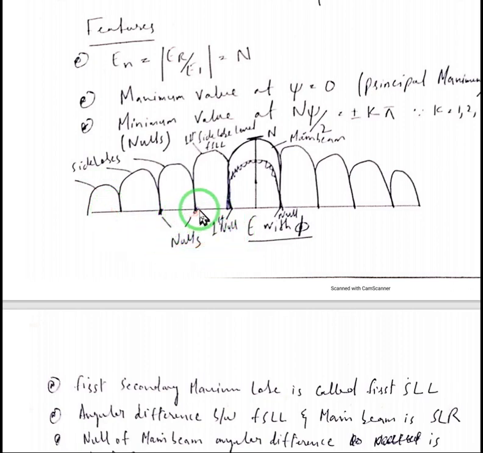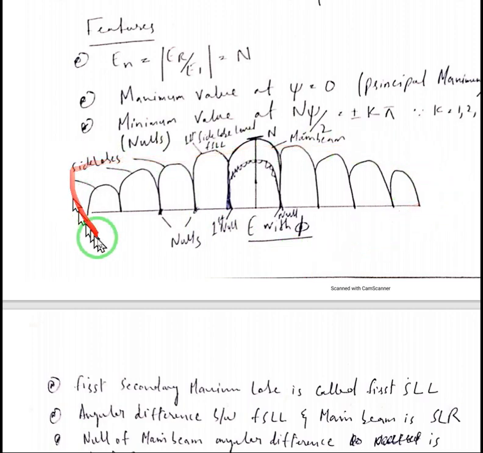The distance between two side lobes at the horizontal is called null, and from the first side lobe starting to the first side lobe ending at the horizontal is called the first null.